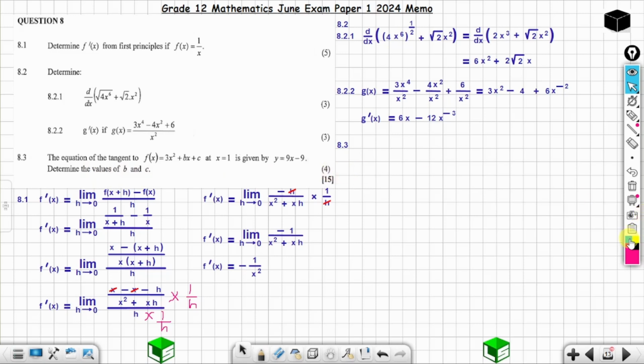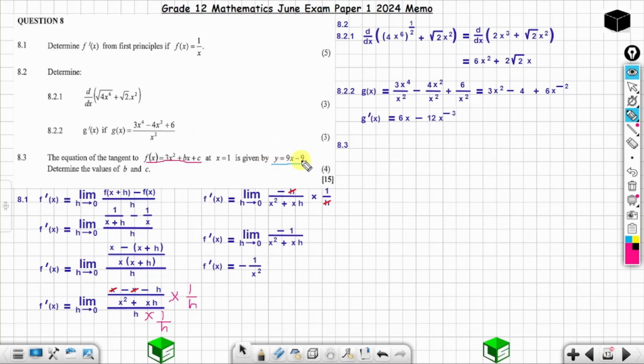So this is the equation of the tangent, and this is the equation of the graph, which is a parabola. So a tangent is a line. It is in the form y is equal to mx plus c.